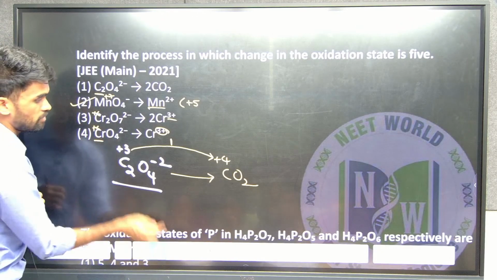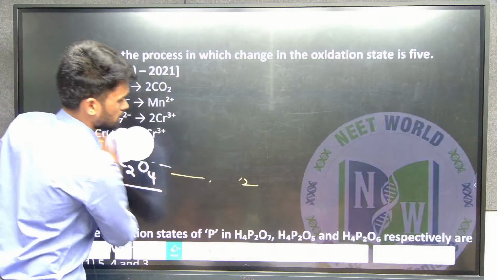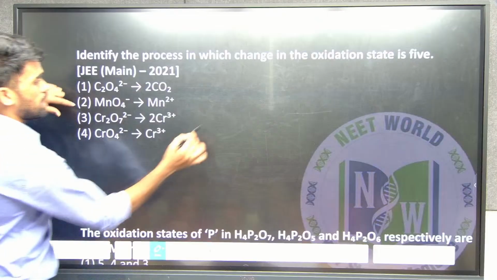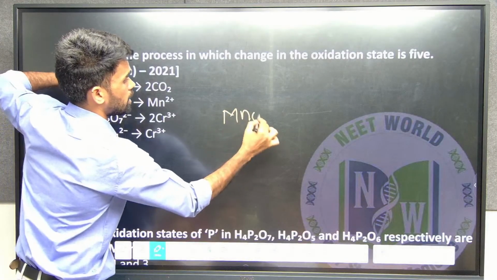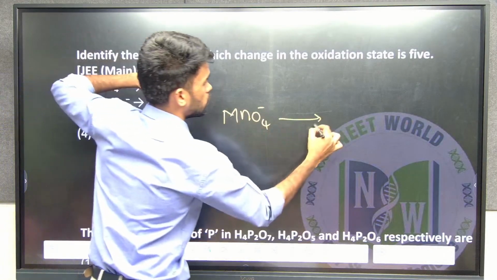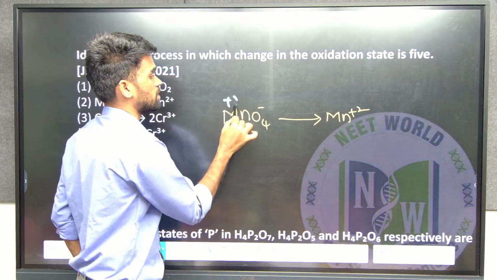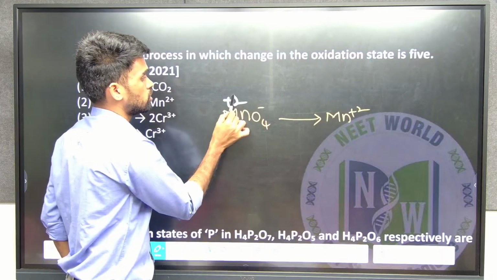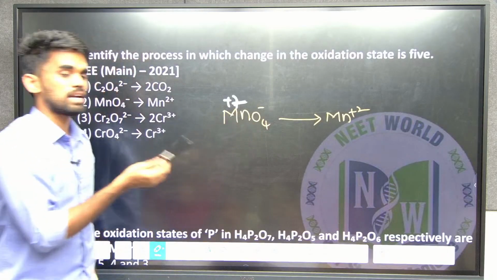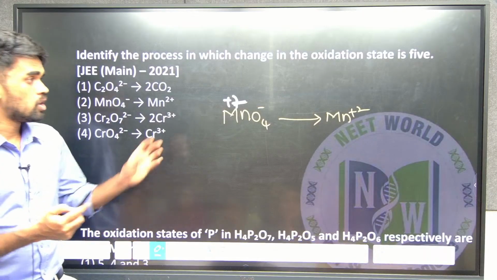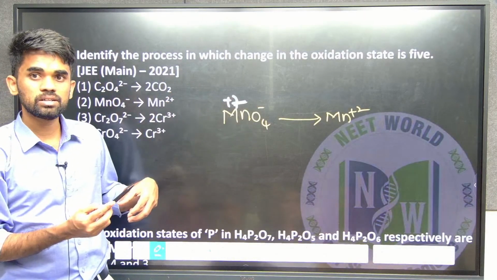Now the next thing I wanted to explain here itself is, see, permanganate ion converting into Mn 2+, from +7 to +2. So tell me whether this is electron gain or electron loss? Gain. Reduction process. So how many electrons are gained? 5.